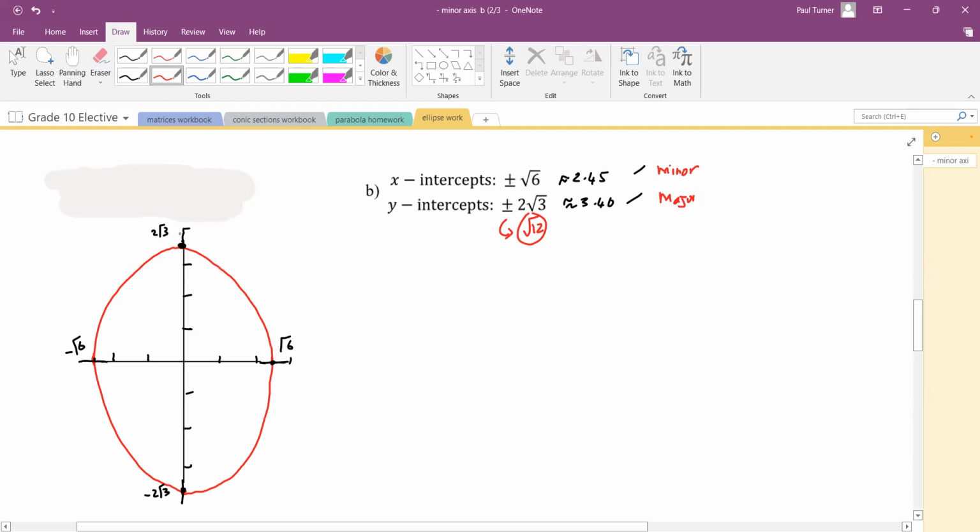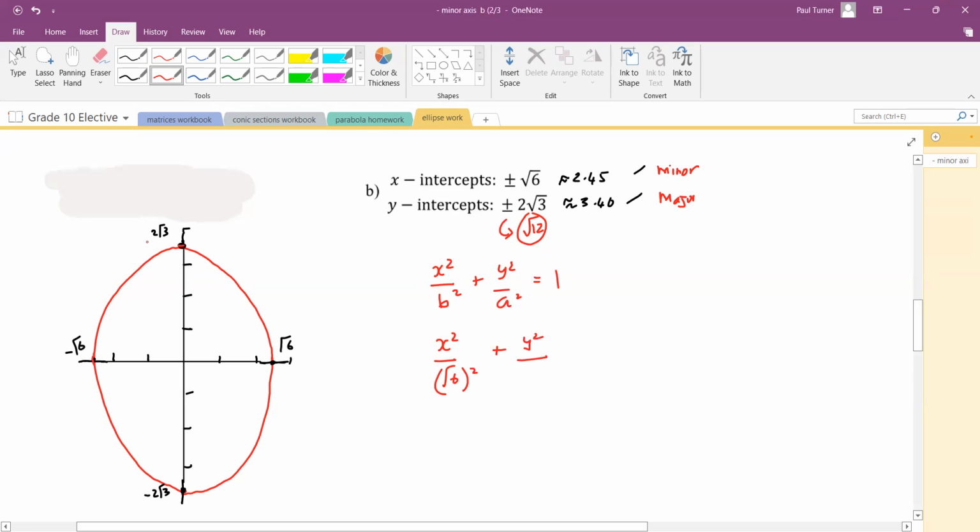Okay, so for our general form, we'd have x squared on b squared plus y squared on a squared, and a being the larger number, and that's on the y-axis. So that's our standard form. So then we'd write x squared on b. Now in this case, that's root 6 squared, plus y squared on a squared.